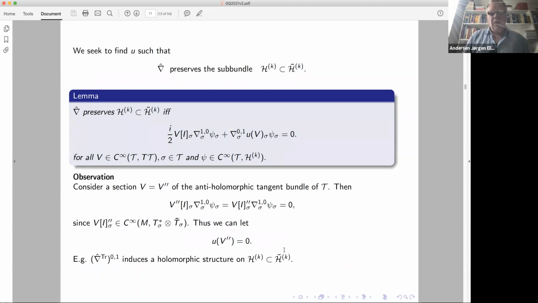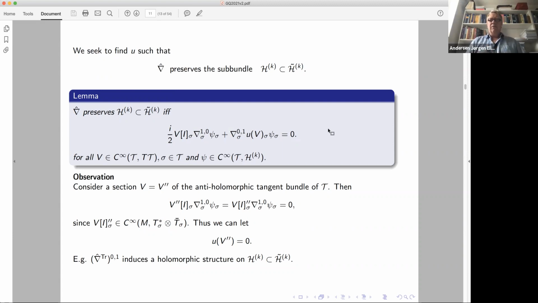Okay, so now what is precisely the condition for such a connection to preserve the subbundle? Well, there's a little elementary lemma one can prove, namely, such a connection preserves the subbundle of holomorphic sections if and only if U solves this equation here.